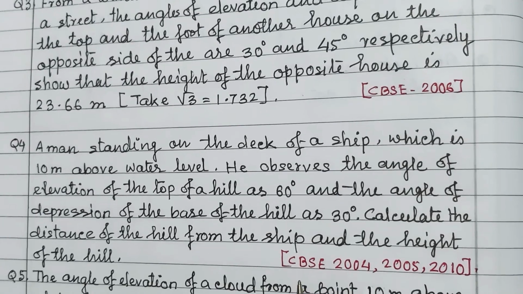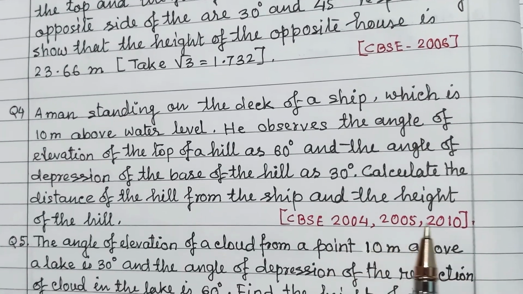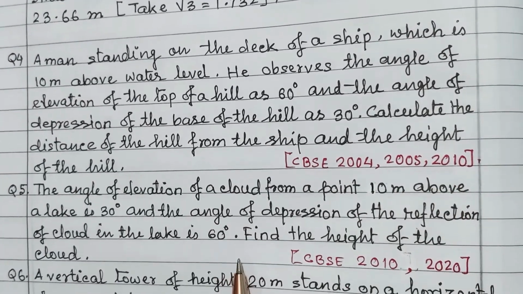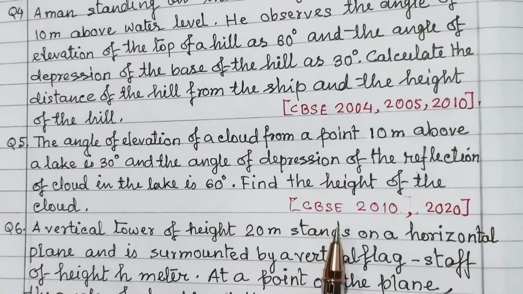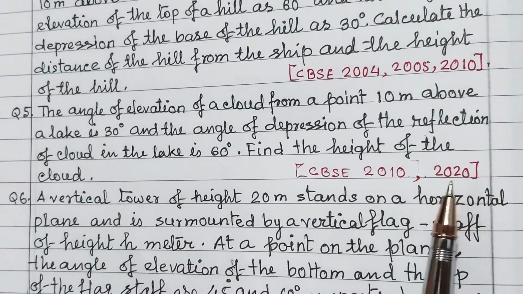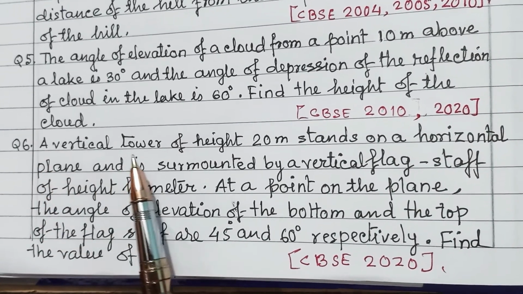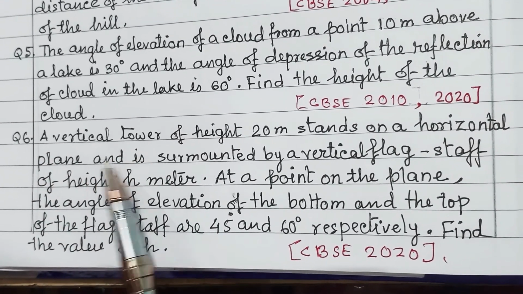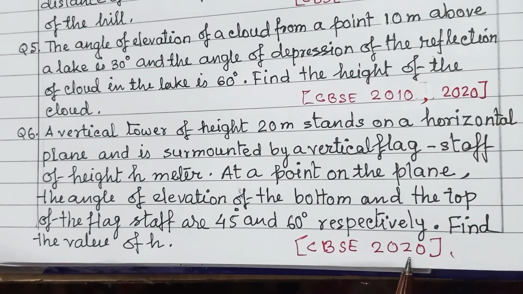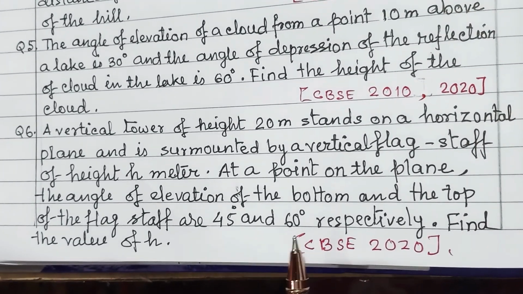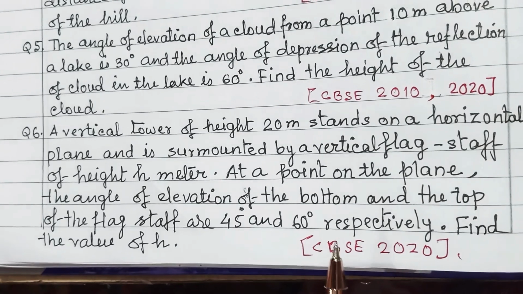This question came in CBSE board 2004, 2005, 2010. And this one CBSE 2010, 2020, this one current year. This one, the vertical tower question, also came in 2020 in all three sets of the question paper.